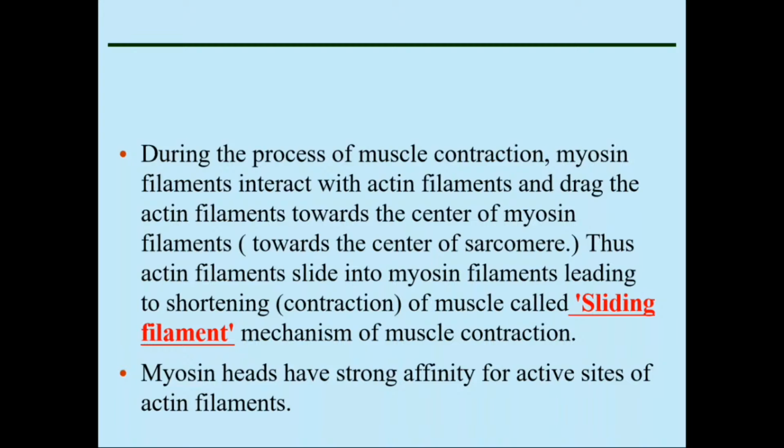Now during the process of muscle contraction, myosin filaments interact with the actin filaments and drag the actin filaments towards the center of the myosin filaments as we discussed just now.